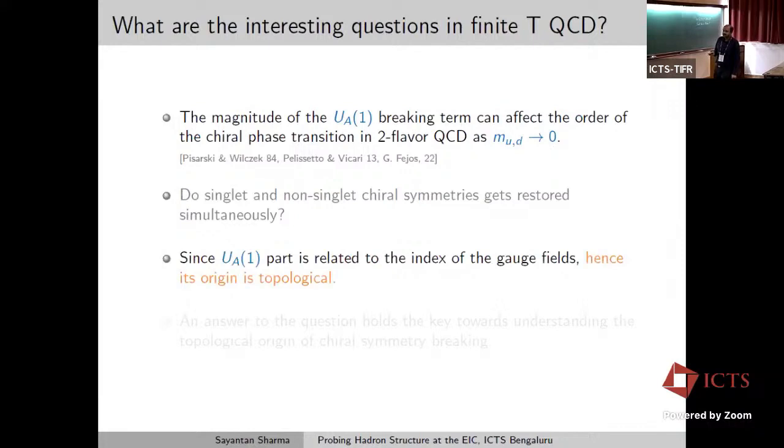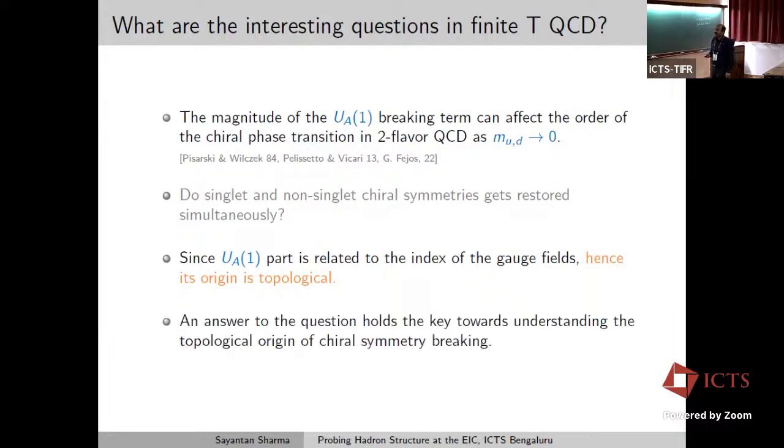And since we saw that this UA1 part is related to the index of the gauge fields, and its origin is known to be topological, one would also like to understand what may be the features that give rise to this breaking.